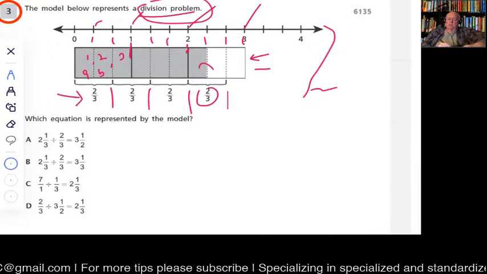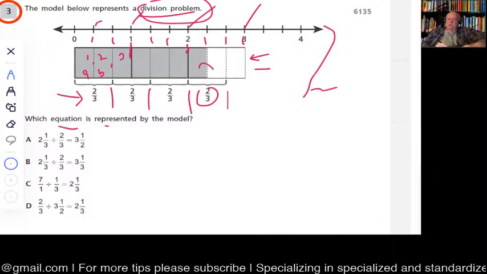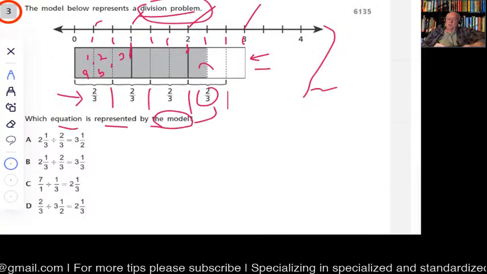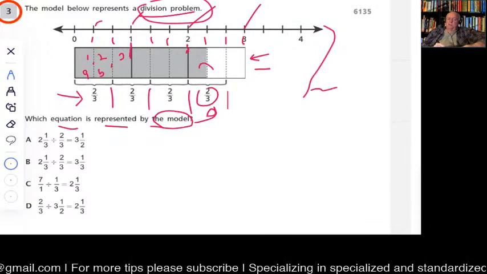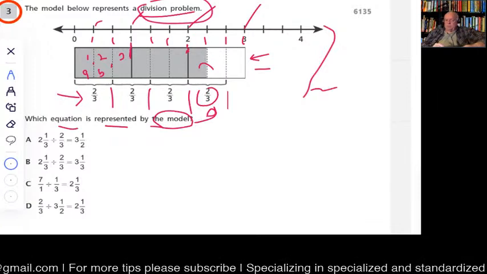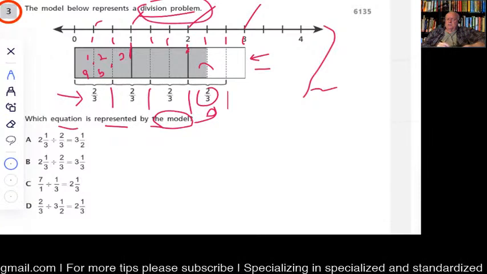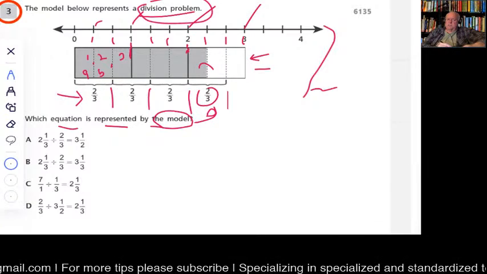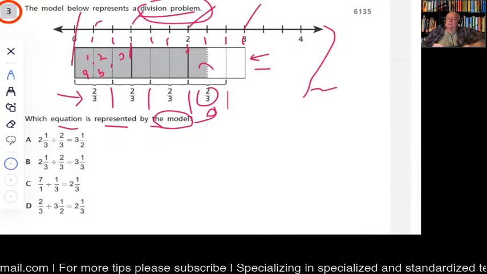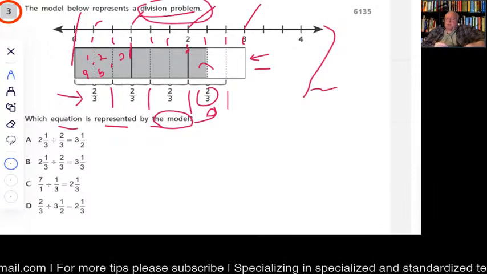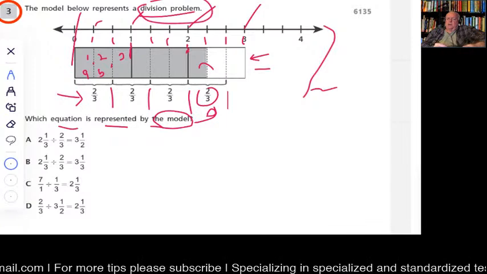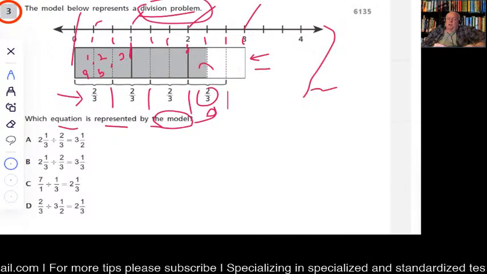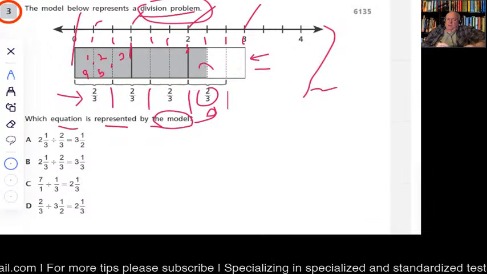So then it says which equation is represented by the model. Okay, so the model is probably what I just talked about, that the ribbon is being split into 2/3, and the only thing the number line gives us is that they lined up the ribbon with the number line. So it starts at 0, and they lined it up, okay? So within the spirit of all that, now that we've kind of understood where this thing is coming from and going to, let's look at it.